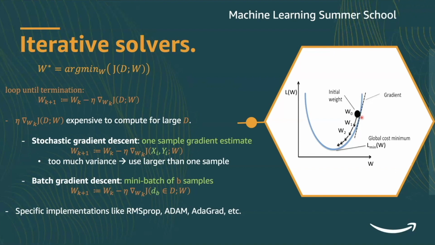Because all I need is one suitable direction in which to move. And if all we need is an estimate, rather than take all the data set, why not plug in just one sample? And that is exactly what stochastic gradient descent does. It replaces the data by just one sample. And then the rest of the equation is the same. But the problem with this is that there is too much variance.